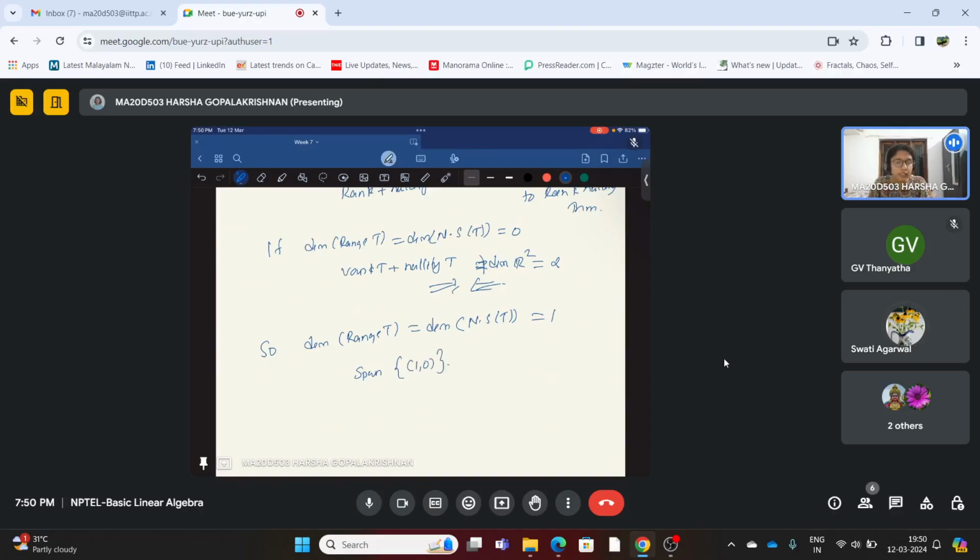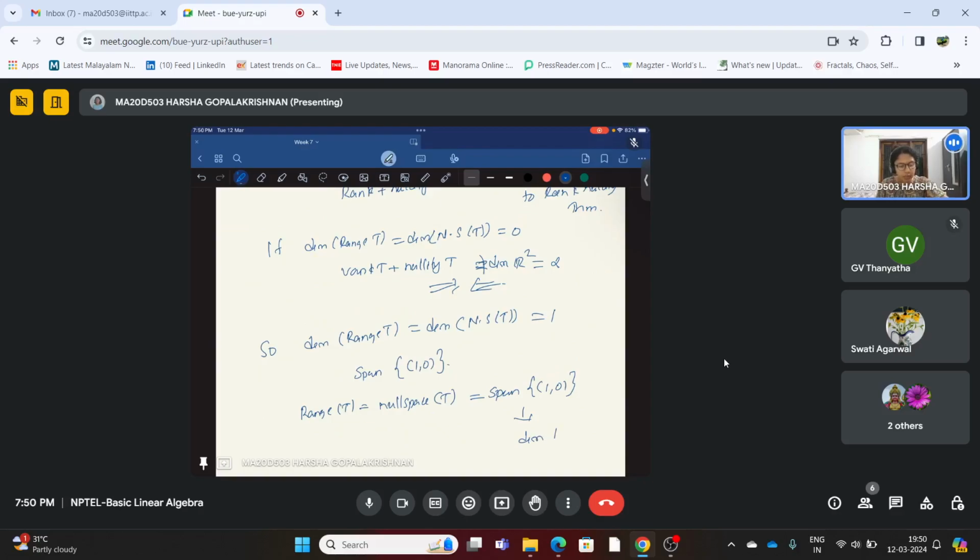There is no specialty with (1,0), I am just taking (1,0). What I want is range of T equal to null space of T equal to span of (1,0). So it has dimension 1, right?